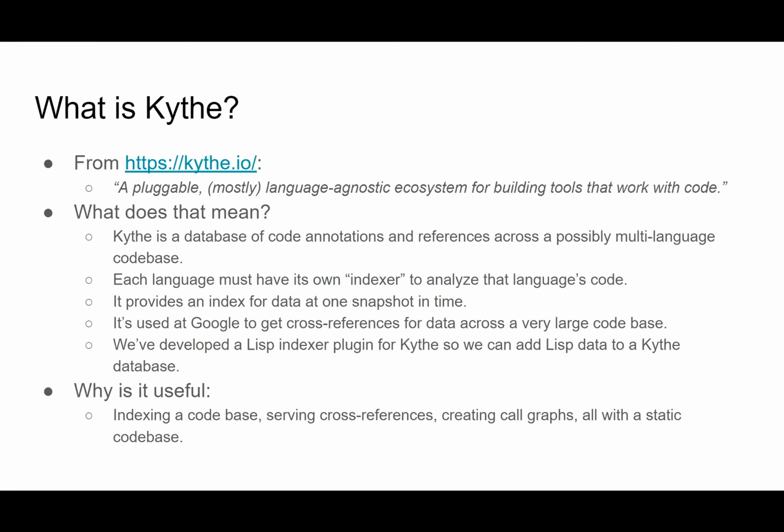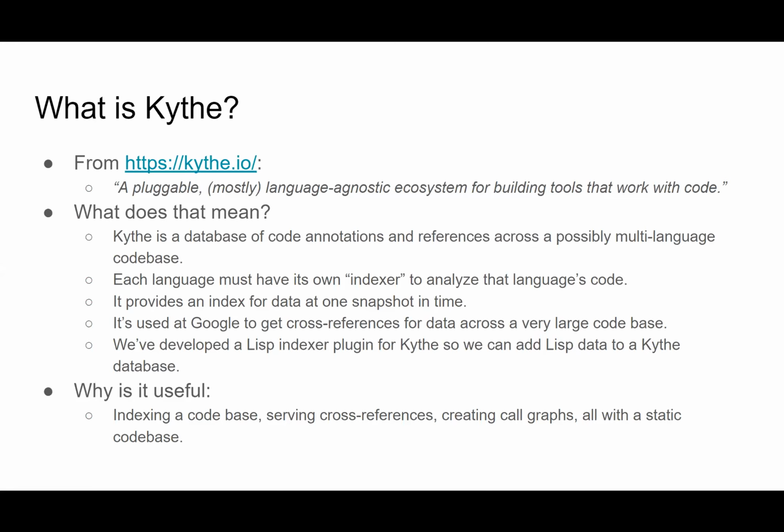Okay, so with motivation out of the way, what is Kythe? Well, from kythe.io, Kythe is a pluggable, mostly language-agnostic ecosystem for building tools that work with code. But what does that mean? Kythe is a database of code annotations to reference across a multi-language code base.